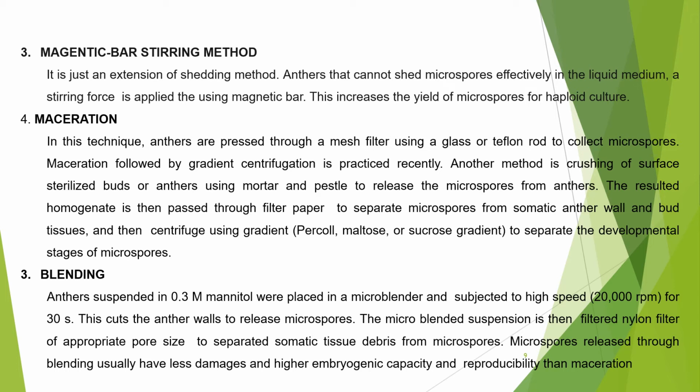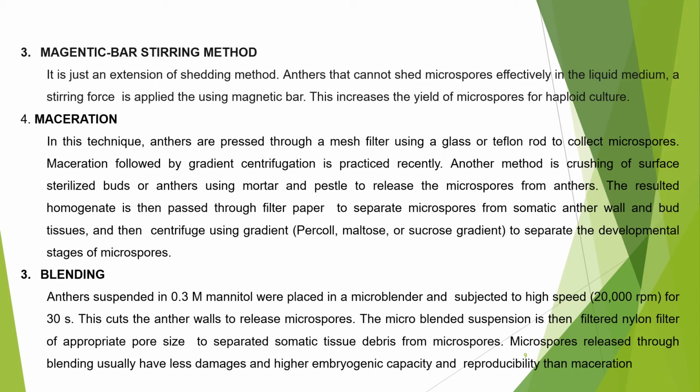In this technique, the young flowers or the anthers are macerated or crushed using mortar and pestle. The resultant homogenate is then passed through filter paper to separate the microspores from the somatic tissue and then centrifuged using density gradient to separate the different stages of microspore.